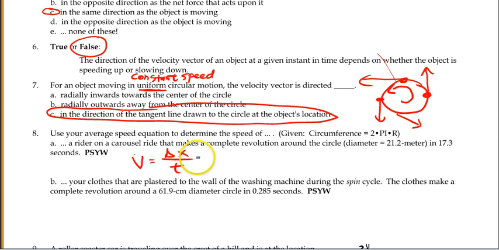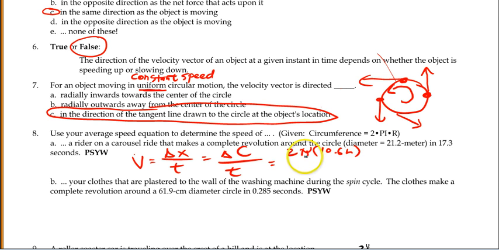As we go around a circle, that's actually going to be the circumference over time, which means it's going to be 2 times pi times the radius. They give us the diameter of 21.2, so we actually want to use the radius of 10.6.